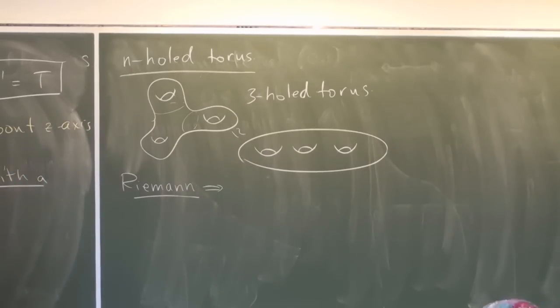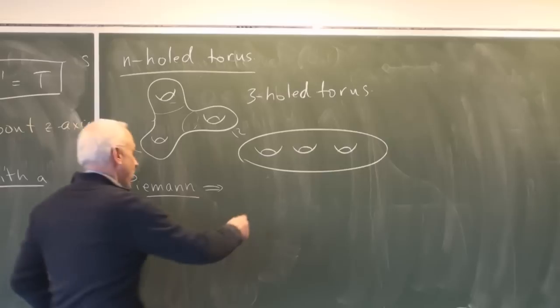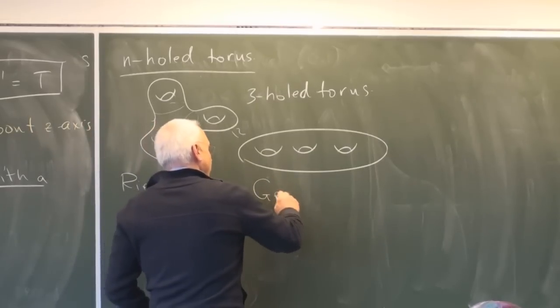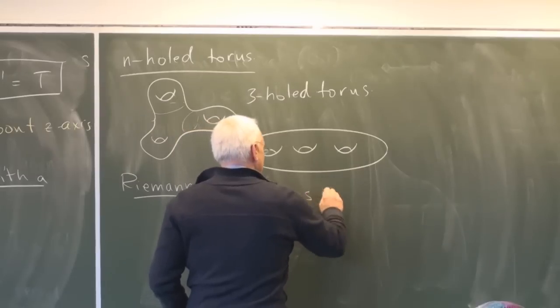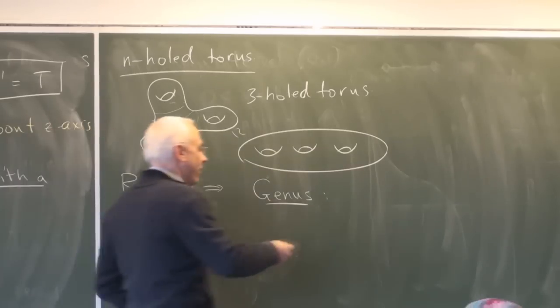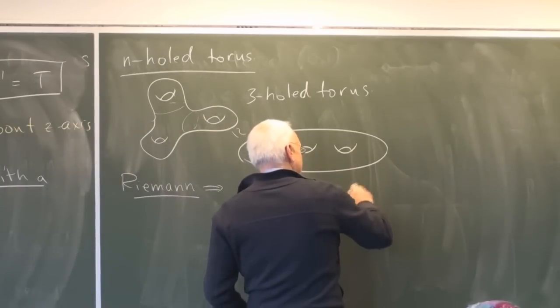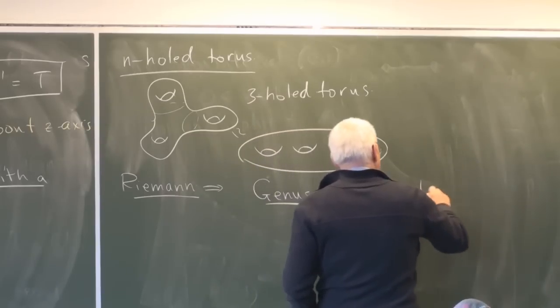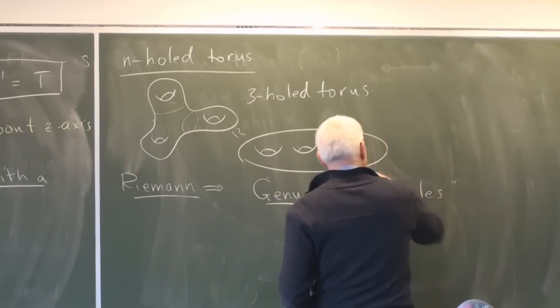And he gave this a name, and it's now called the genus. So the genus in this context can be described in terms of numbers of holes, but that's a little bit informal. Number of holes, like we've been doing. I'll put quotes around there.